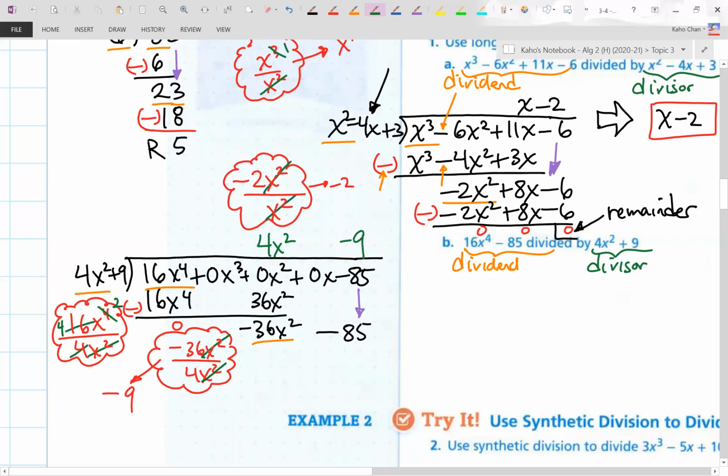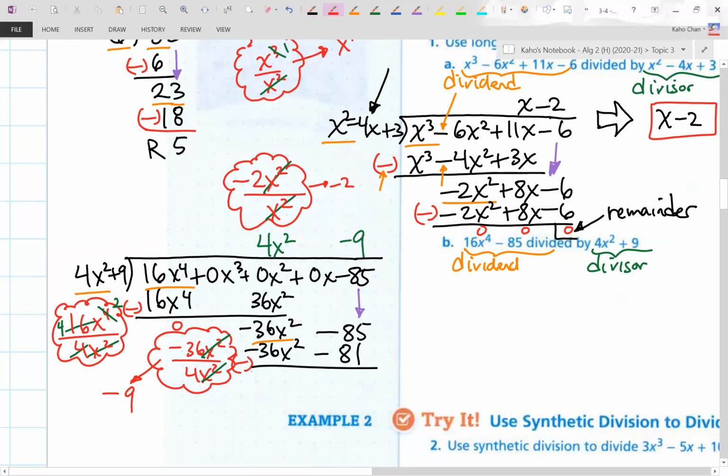And let's multiply that part of the quotient with the divisor. All right, here we go. Negative 9 times 4x squared is negative 36x squared. And negative 9 times positive 9 is minus 81. Let's go and subtract those.